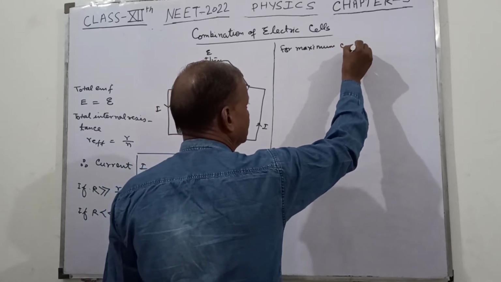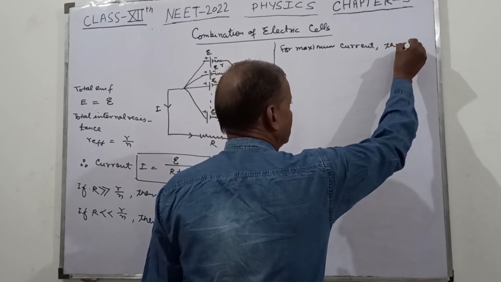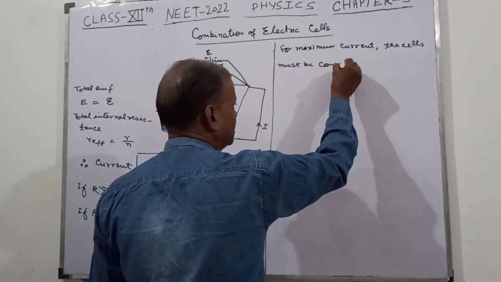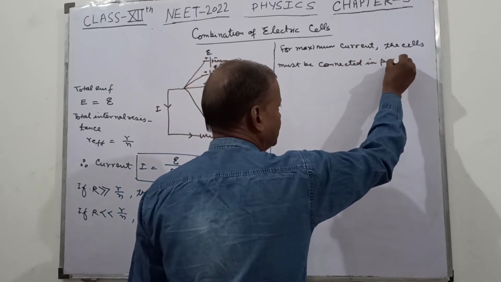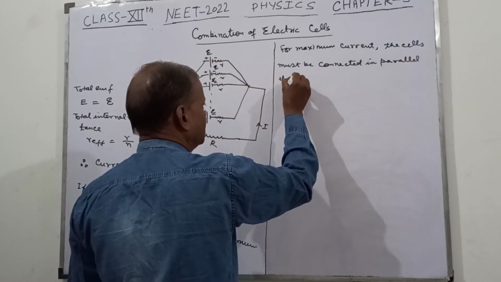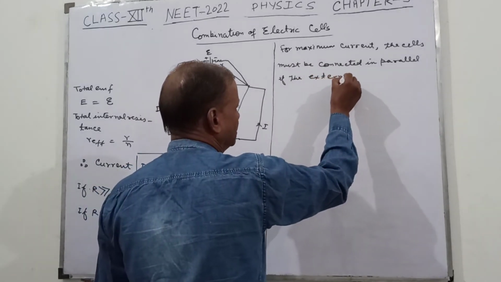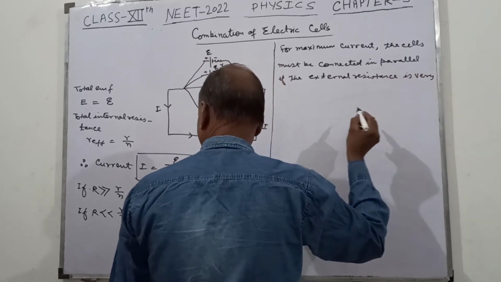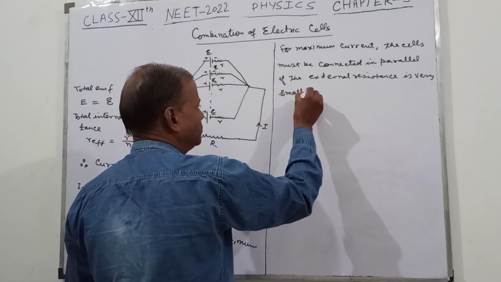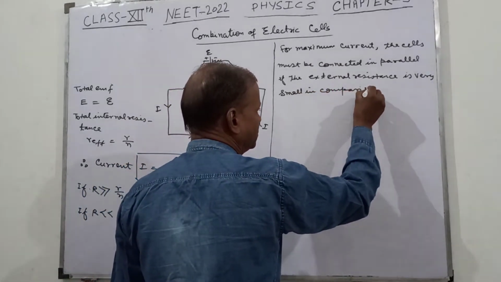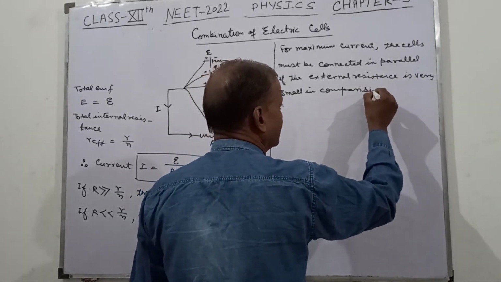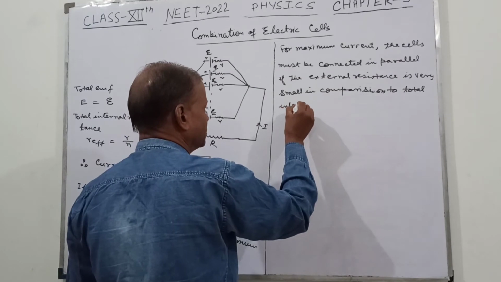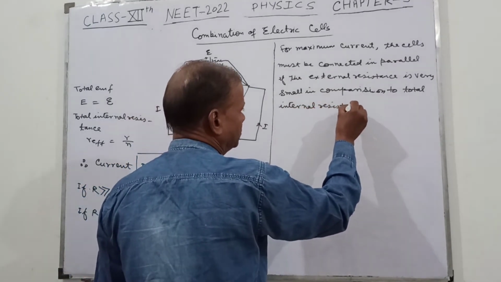For maximum current, the cells must be connected in parallel if the external resistance is very small in comparison to the total internal resistance.